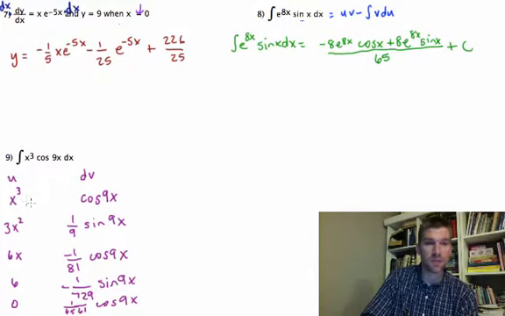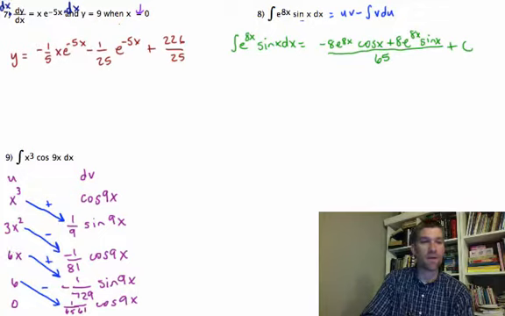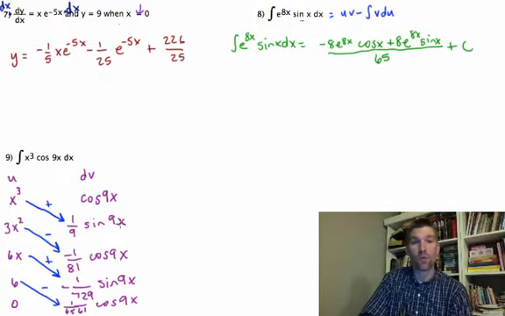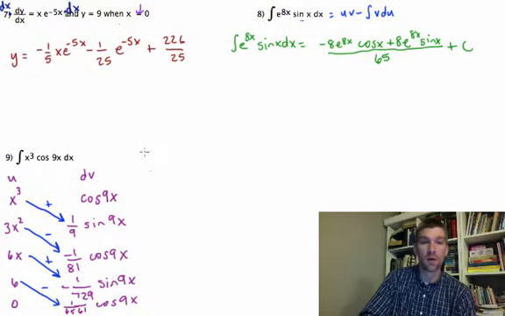Now what we do is we connect lines with a number 1, and we alternate the sign. To get my final answer, all I do is x cubed times positive 1 times 1/9 sine 9x, or x cubed over 9 times the sine of 9x.